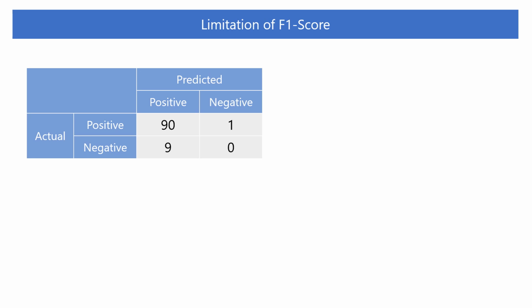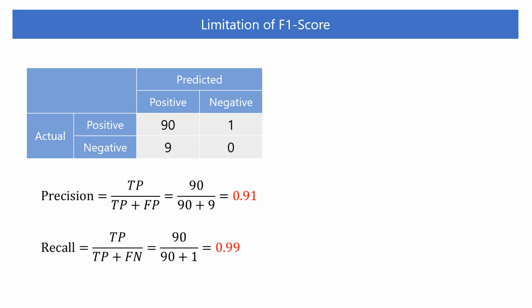Let's consider an example where there are 91 positive cases and only 9 negative cases. And the model's prediction result can be summarized by this confusion matrix. The model correctly predicts almost all positive cases, and most of the predicted positives are actually positive.